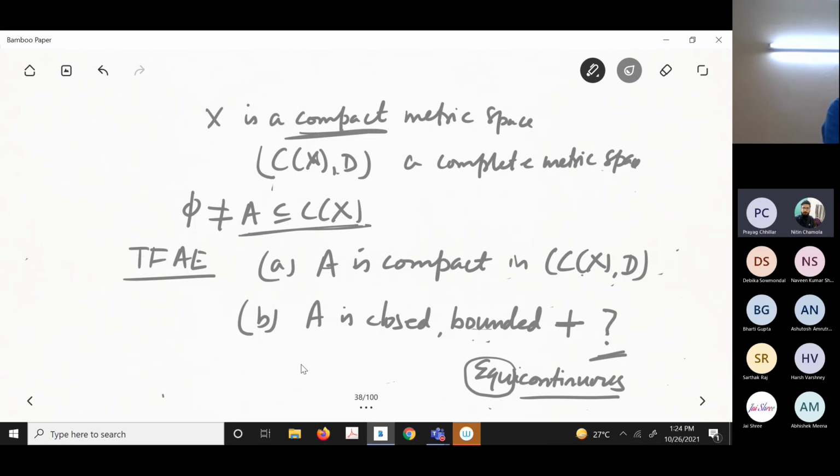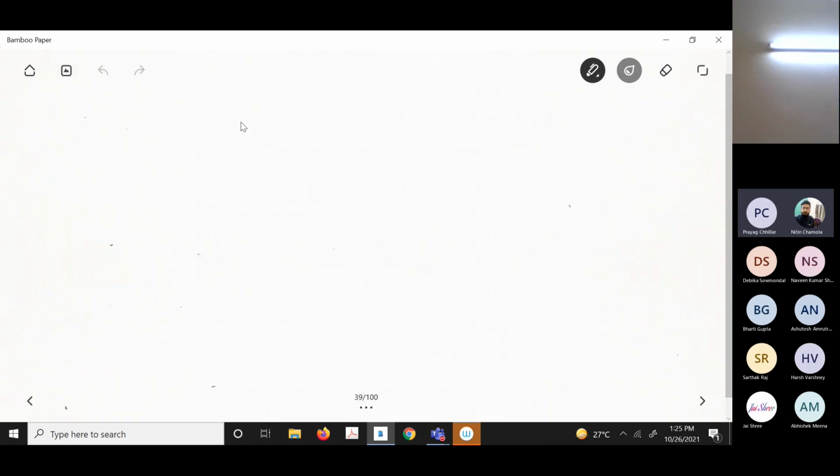I am not doing theorem 6.3, that is Dini's. Theorem 6.4 I will do later on, but I just want to explain what is equicontinuous. Don't worry, on Saturday I will again define equicontinuous. Now look, that means we are having a set C(X).